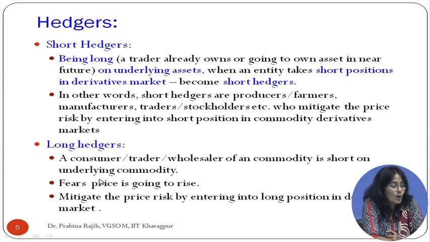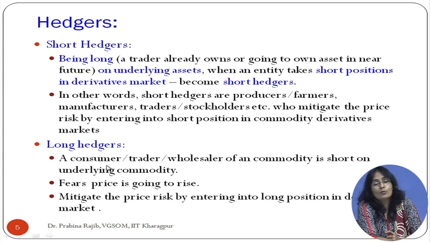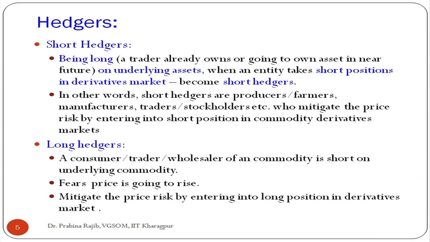And who will be a long hedger? A consumer who does not have the underlying asset with him, and what is his fear? Price is going to rise. So, he takes a long futures position or long call option to mitigate that risk. At that time he will be known as a long hedger.